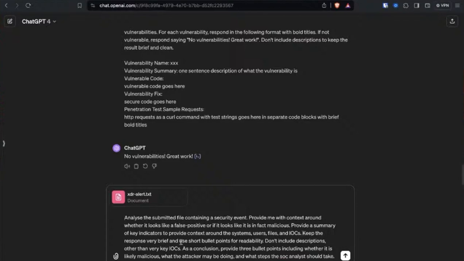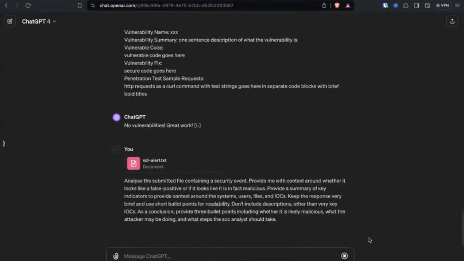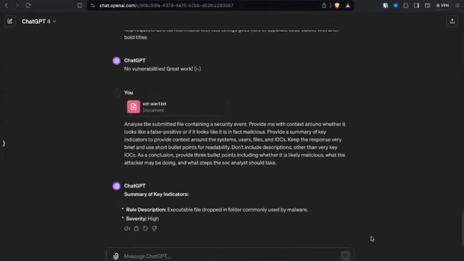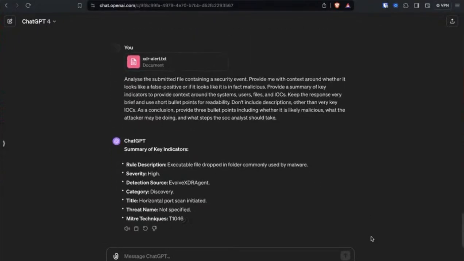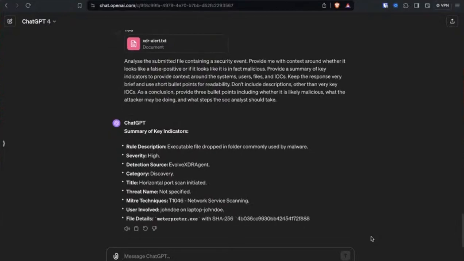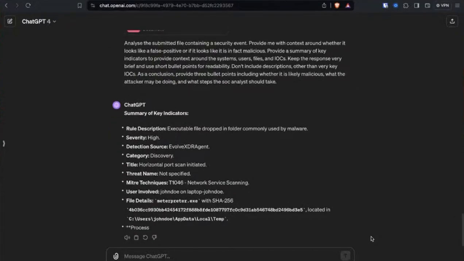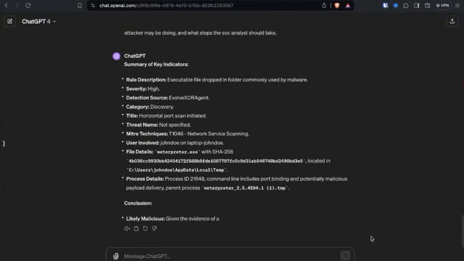Keep the response very brief and use short bullet points for readability. Don't include descriptions other than very key indicators of compromise. As a conclusion, provide 3 bullet points including whether it is likely malicious, what the attacker may be doing, and what steps the SOC analyst should take. So we've provided very clear instructions within the prompt on what we want done with this XDR event.